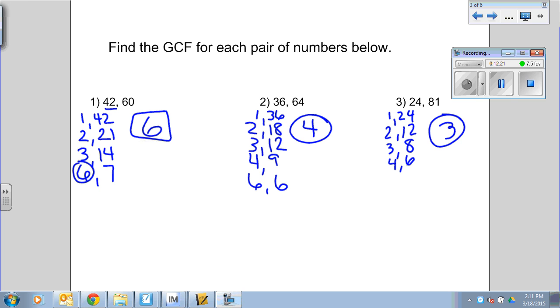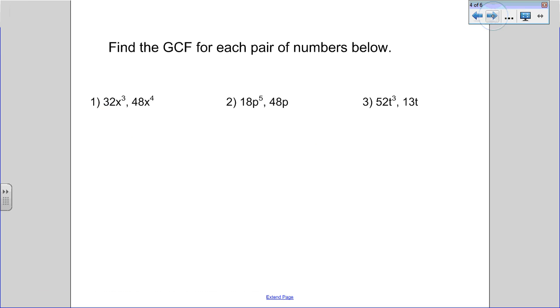Attention, please. So, ladies and gentlemen, let's take a look at what we're really adding new here, and that's with these polynomials. Now we have a monomial, and we're including variables. So we're going to do the same thing that we did. We're going to take 32 and 48. We're going to ignore the variables for right now. We have 1 and 32, 2 and 16. 3 doesn't divide into 32. 4 goes in there 8 times. 5 doesn't work.